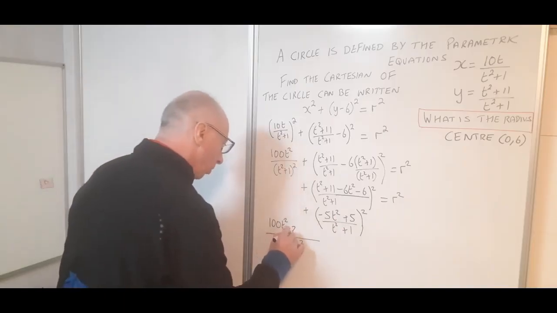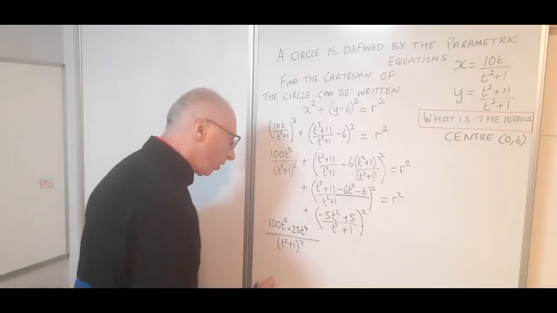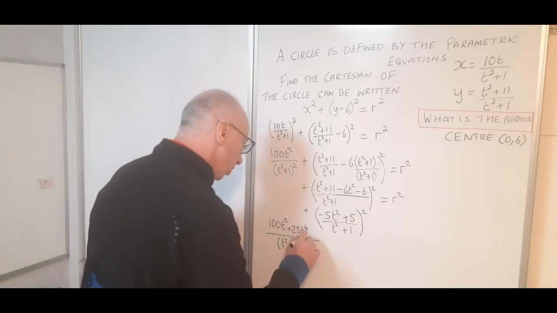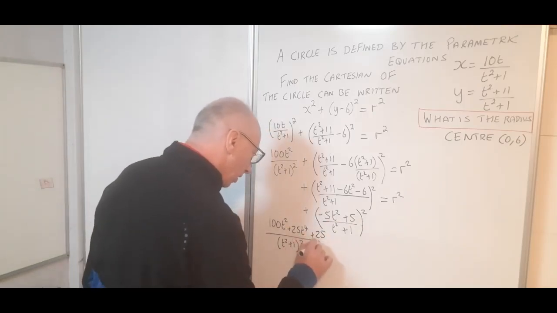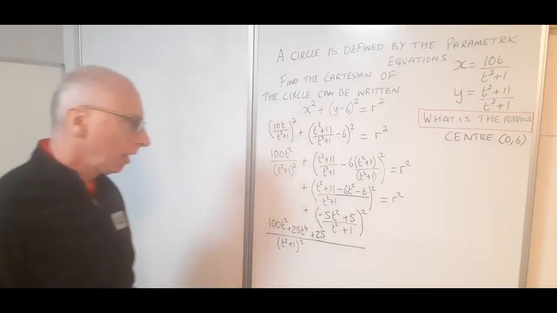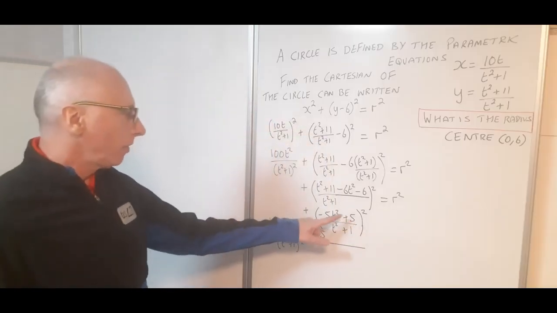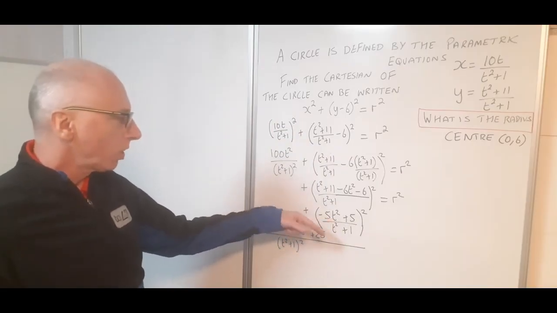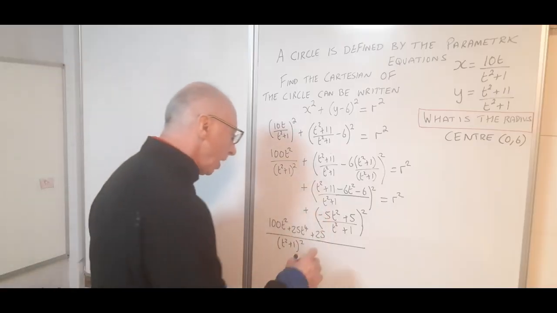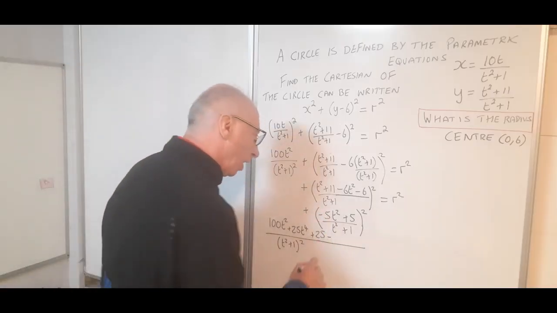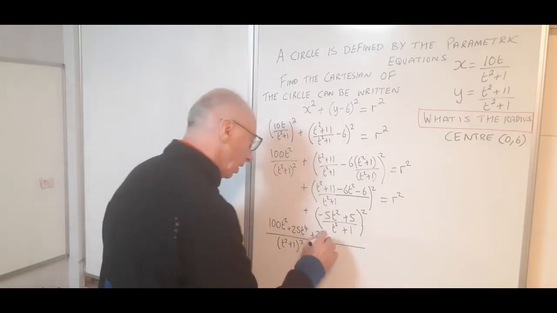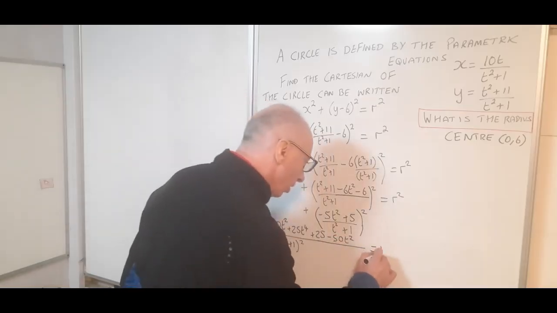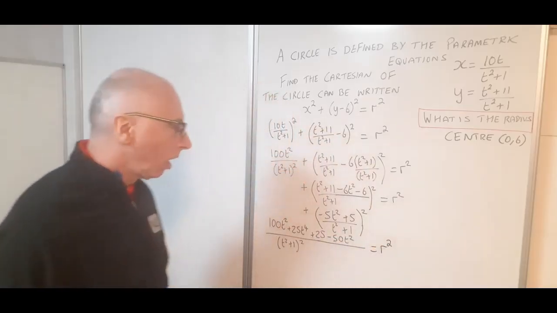I'm going to have this 5 squared as well, so it's going to be plus 25. Then I'm going to have 5 times minus 5, which is minus 25t squared, of which I'm going to have 2 of those. So that's going to be minus 50t squared, and that equals the radius squared.